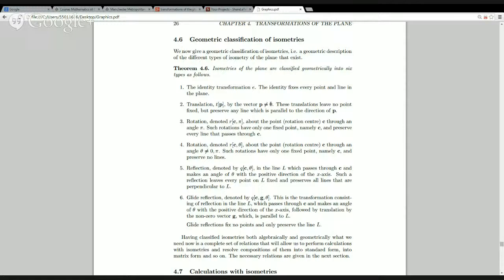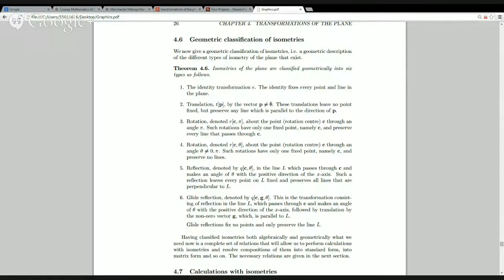And this one, what's this one? This one is reflection in the line through the origin. For which line? It's the line with angle theta over 2.